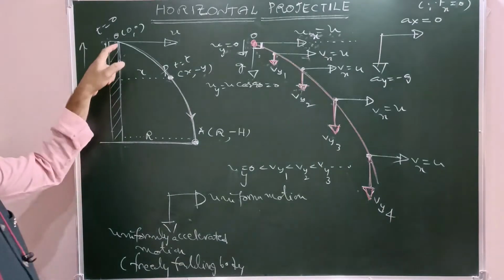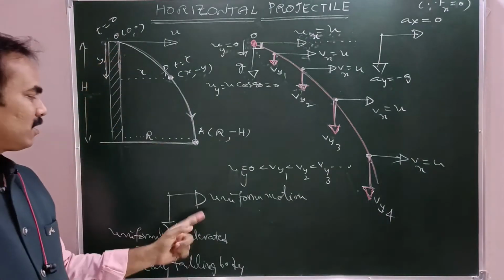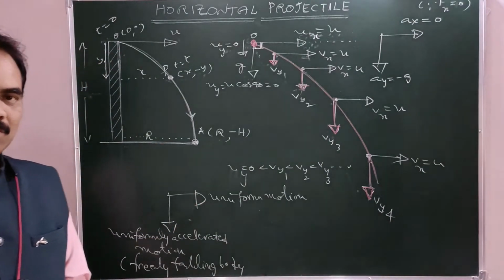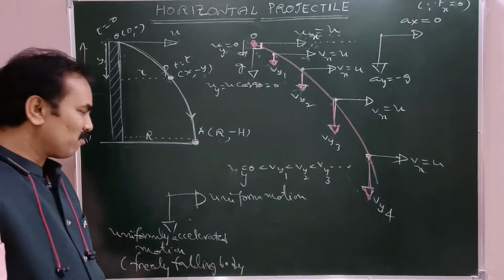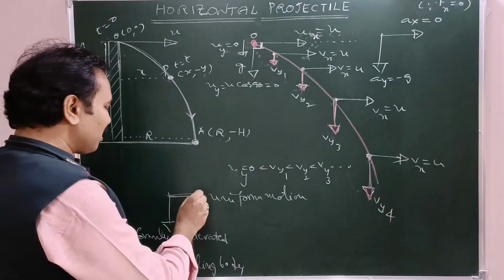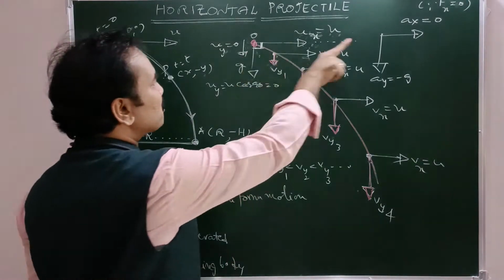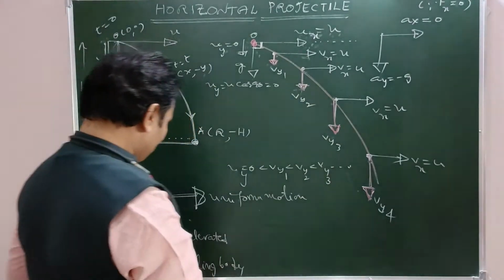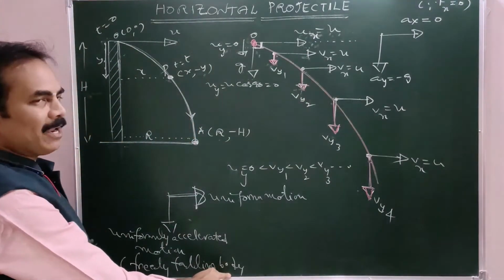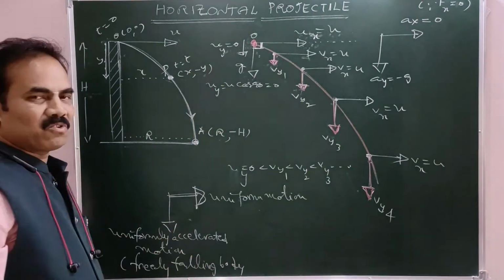So motion of this horizontal projectile is to be taken as a combination of two mutually perpendicular one-dimensional motions. Along x it is uniform motion, right? Along y it behaves like a freely falling body, meaning uniformly accelerated motion.